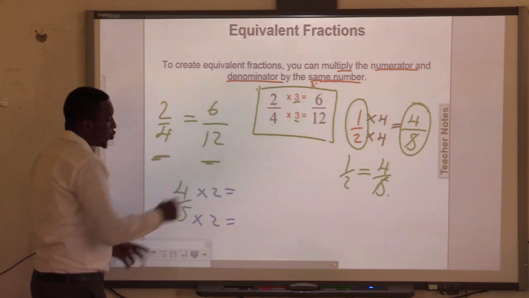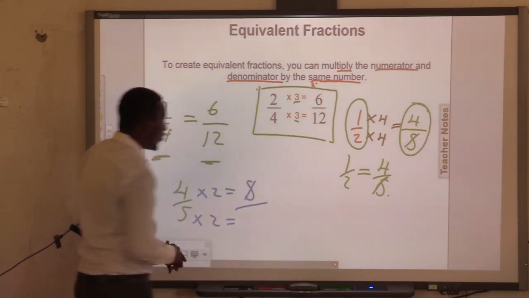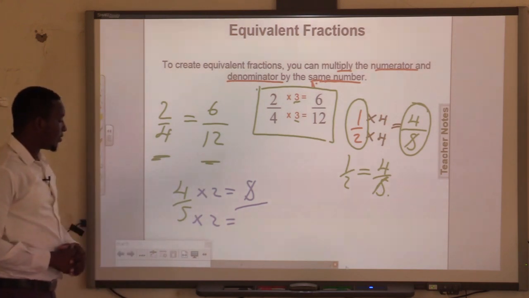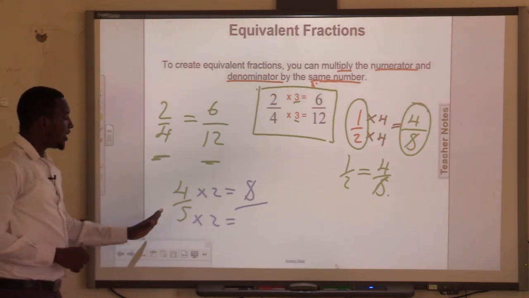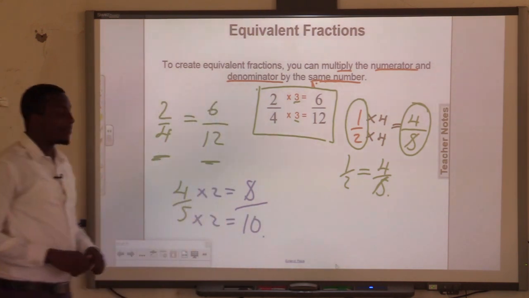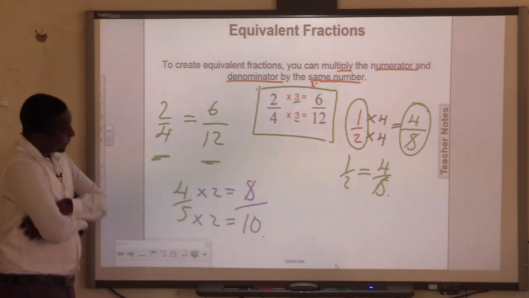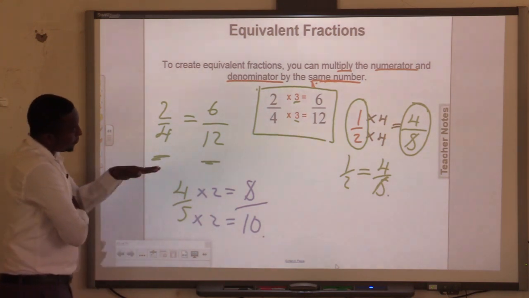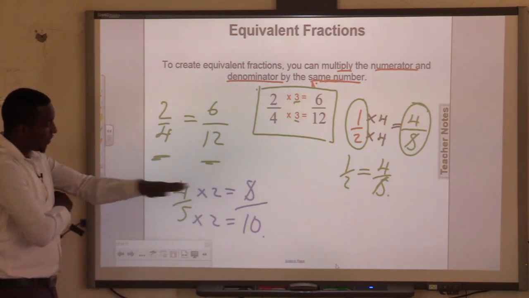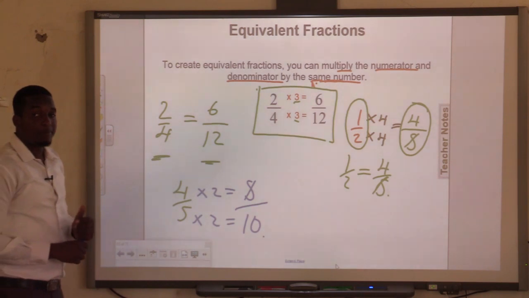So 4 times 2 is going to give us 8 all over. 5 times 2 is going to give us 10. So what do we realize? We realize that when you multiply the numerator by 2, that is 4 by 2, we have 8, and the denominator 5, when you multiply it by 2, it gives us 10.